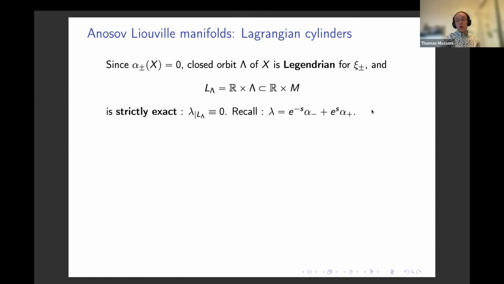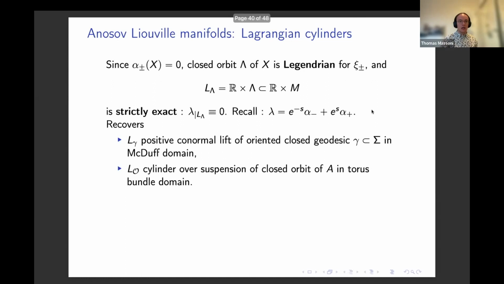And in particular, it's known that for Anosov flows, there are many, many simple closed orbits. And so we potentially get many, many interesting objects of the wrapped Fukaya category. And this construction also recovers the positive conormal lift of oriented closed geodesics in the McDuff domain, and also the cylinder, the suspension of these orbits of the matrix A in the torus bundle domain.